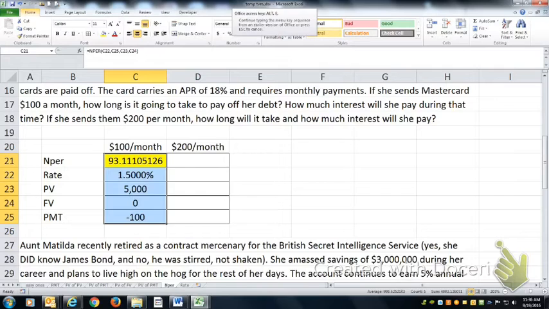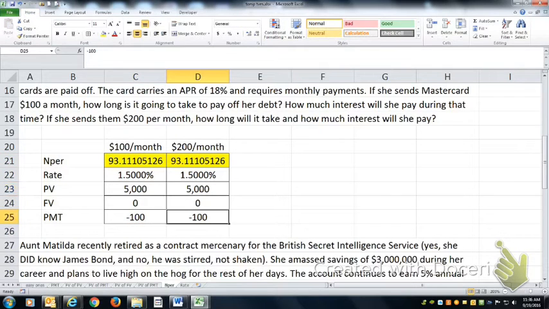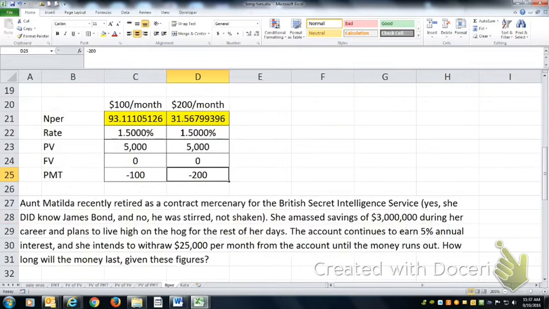If she sent them $200 a month, then it would cut that time by about 2/3. So if you double the payment, the time required is cut by 2/3. So a pretty big drop in the number of periods simply by sending them extra money.